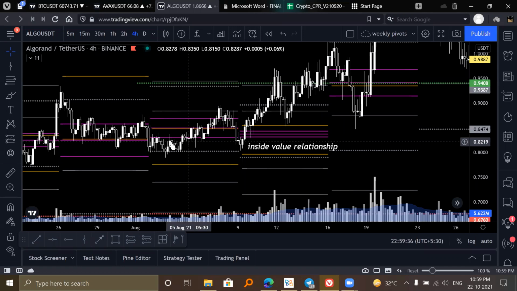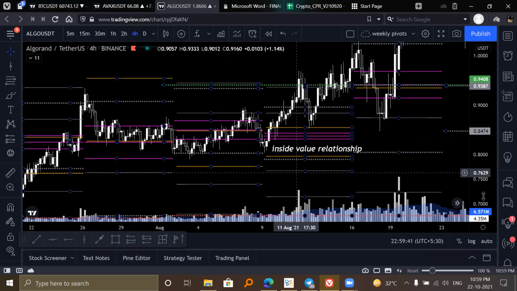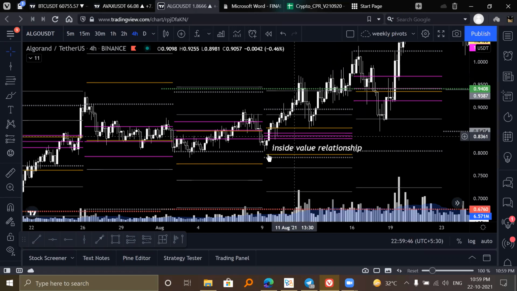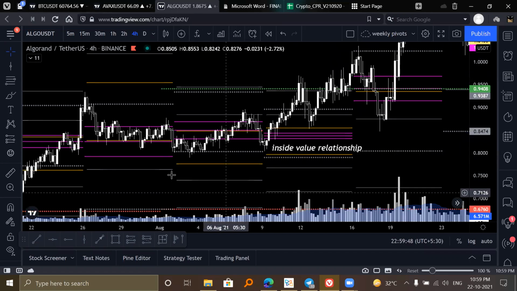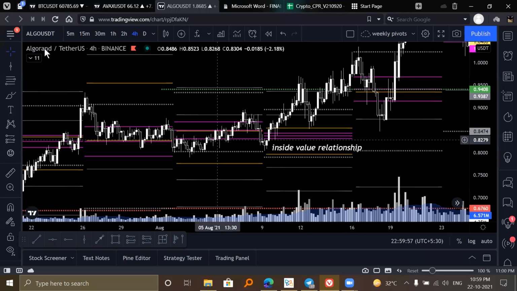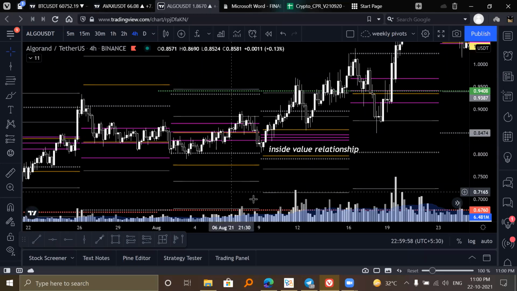The price did not move very high or low last week. I have already said earlier that if the pivots are narrow, it shows that price did not move much higher or lower, no trend happened, just consolidation.